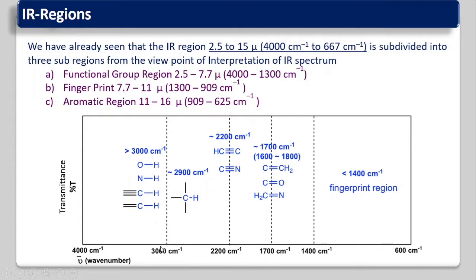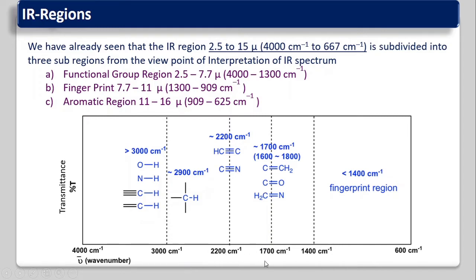Near 3000, single bonded carbon and H absorb, and aldehydic hydrogen also absorbs in this region. Then near about 2200 centimeter inverse, triple bonds like carbon-carbon triple bond and carbon-nitrogen triple bond absorb IR radiation.